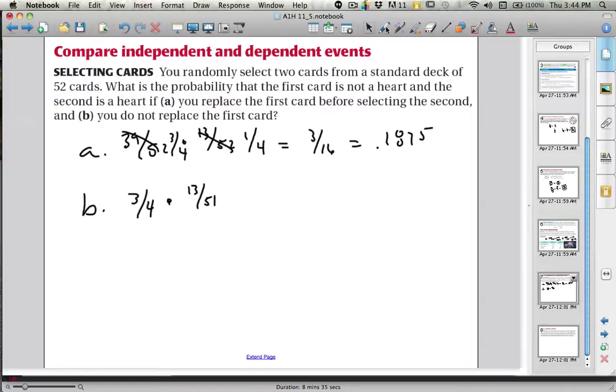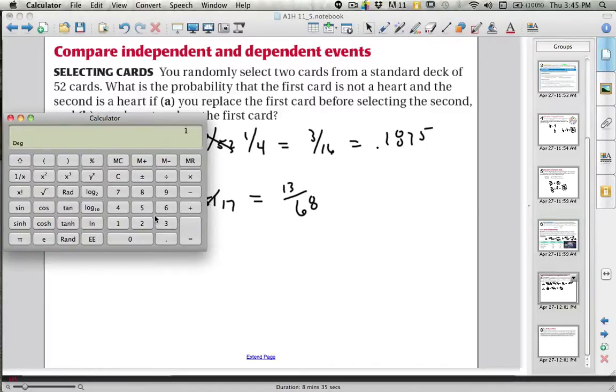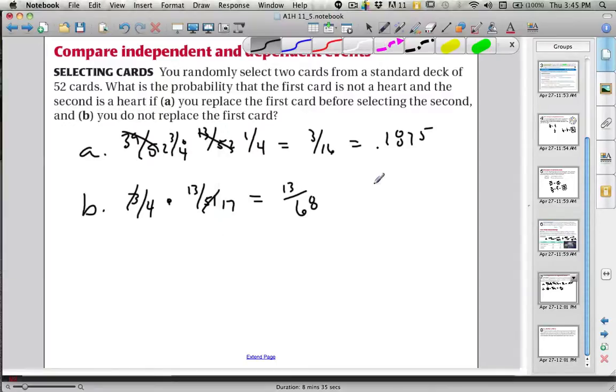So 3 goes into 51 17 times, and I'll get 13 divided by 4 times 17, which would be 68. So if I get 13 divided by 68, that's 0.1911.